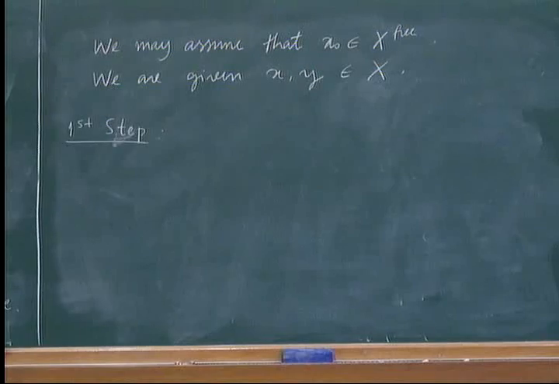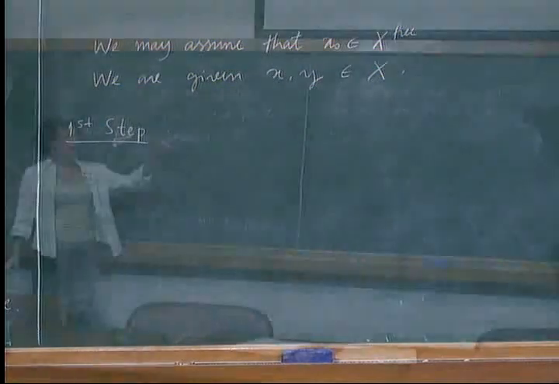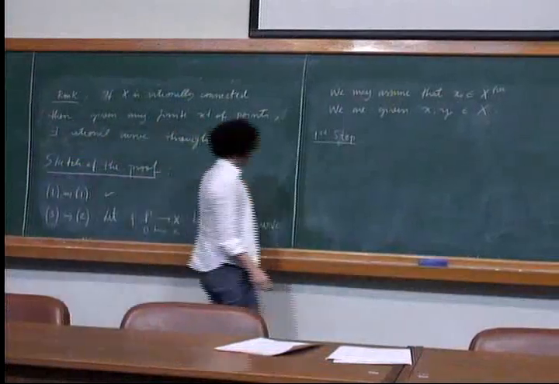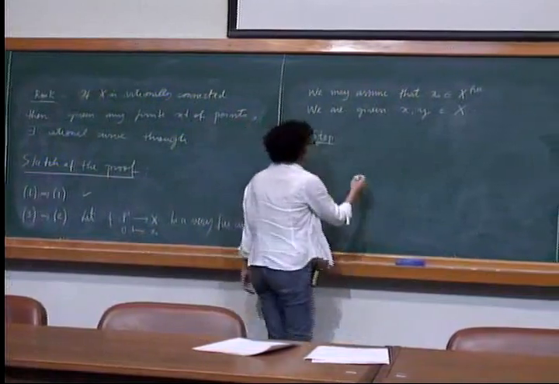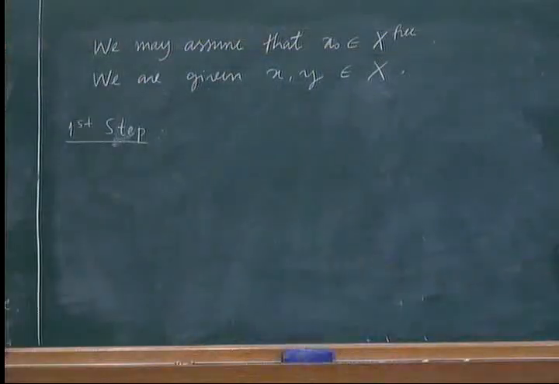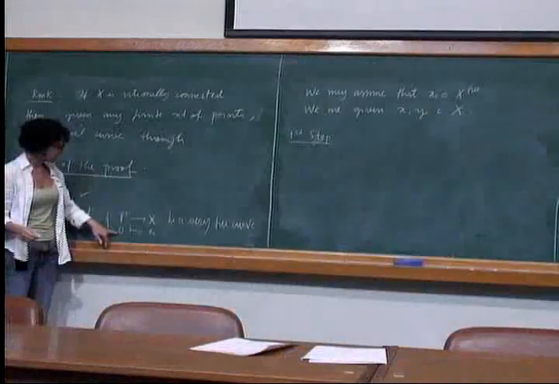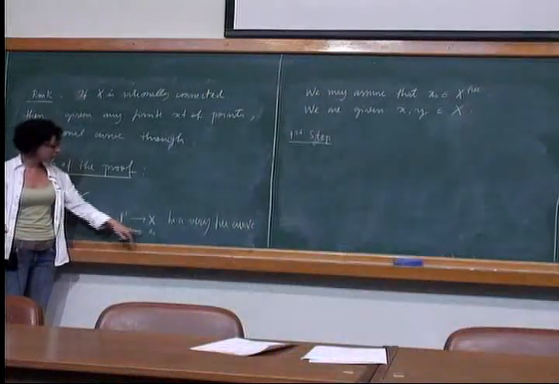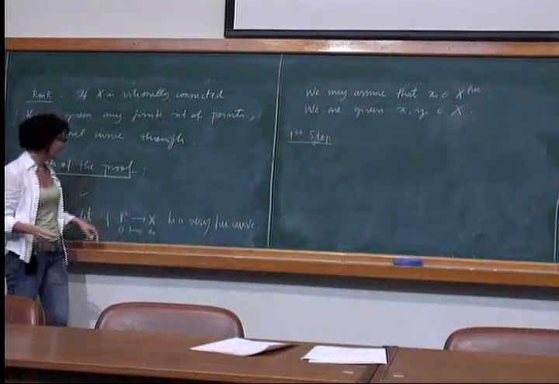We will connect this point x0 to x and to y. We can look at the irreducible component of the space of morphisms that sends 0 to x0 containing f.